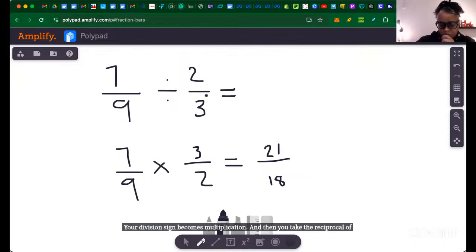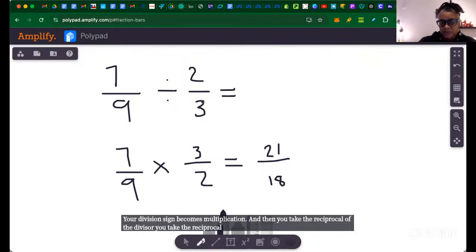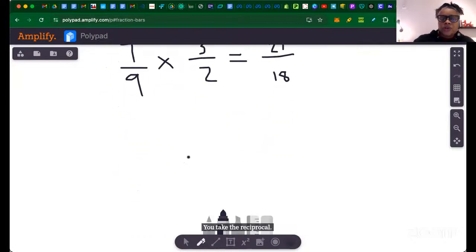You take the reciprocal of the second fraction, okay? You're hearing your teacher refer to this as keep, change. That means we're changing from division to multiplication and then flip, like how we flipped our ages, you take the reciprocal, okay?